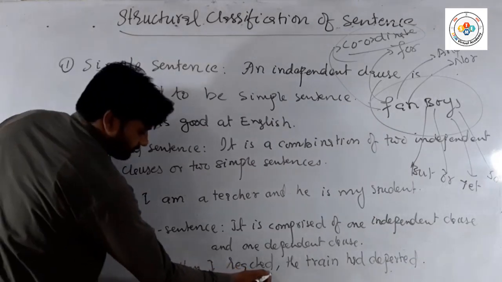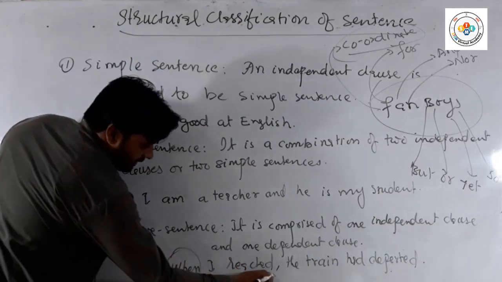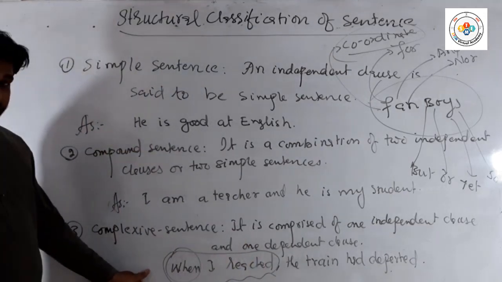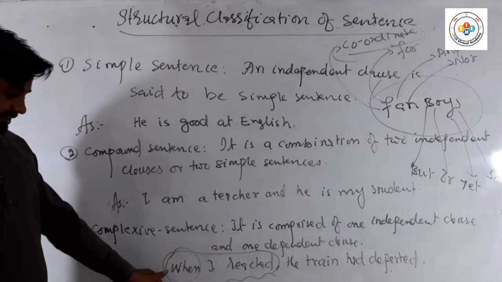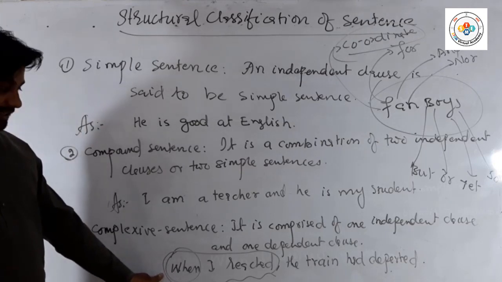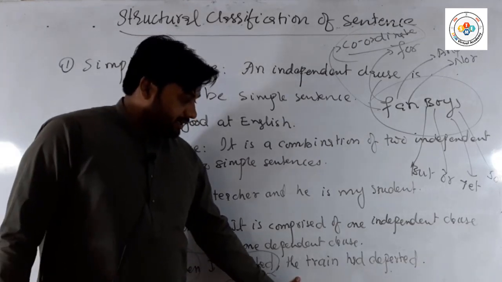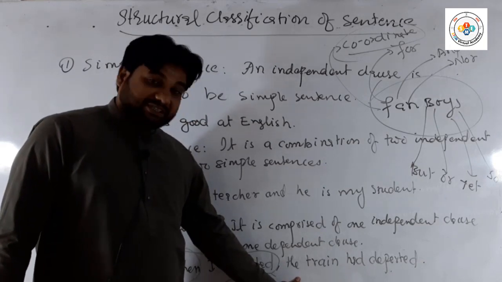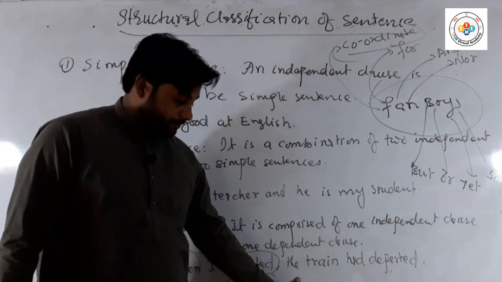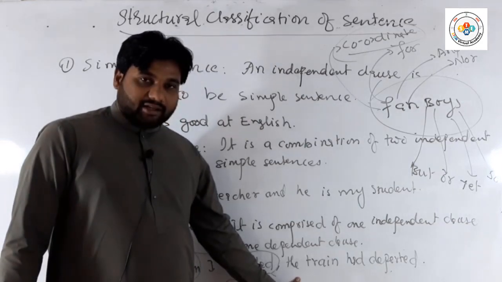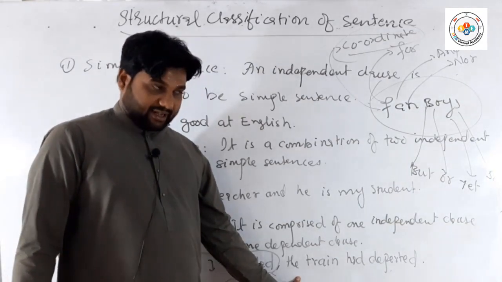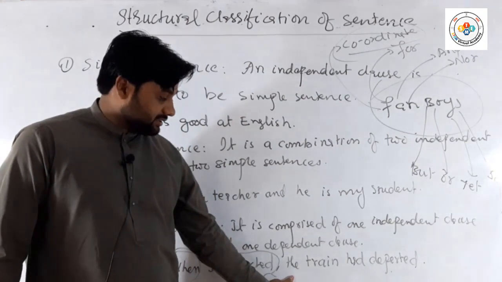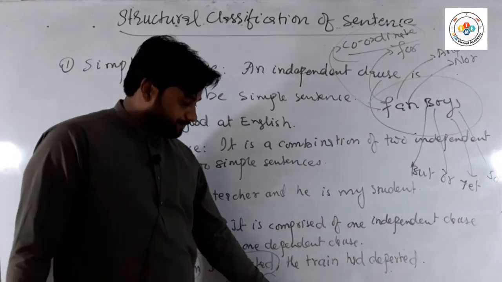There is a subordinate conjunction and the clause will be said to be a dependent or subordinate clause because it begins with a subordinate conjunction. And this is a main clause, we can say an independent clause or principal clause. These all are the same. Independent clause, main clause and principal clause are the same. And it is also said to be a simple sentence.